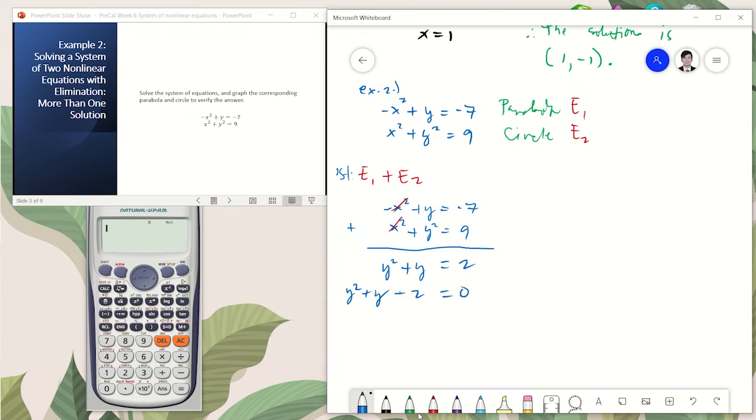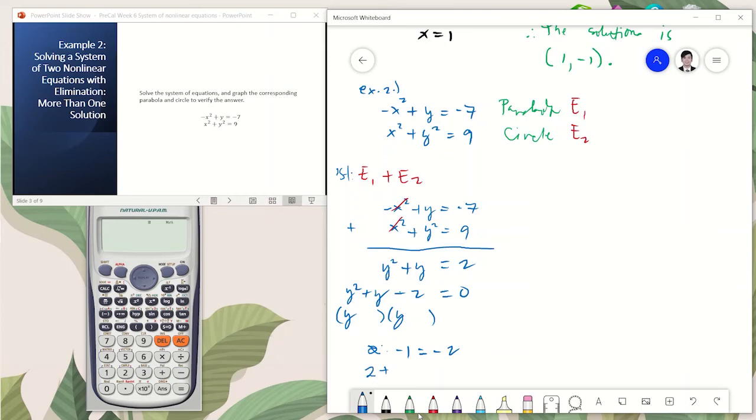And then you just factor. Okay, so the correct factored form here, the first terms of our binomials would be y times y. So you have y and y in here. And for negative 2, you have positive 2 times negative 1, which will turn out to be negative 2, our third term.